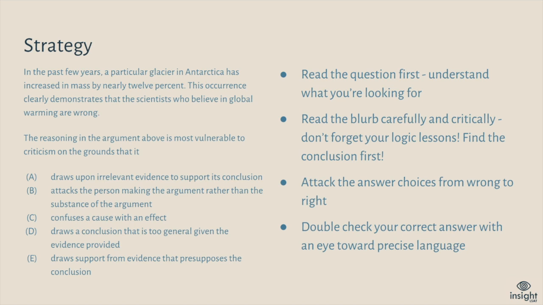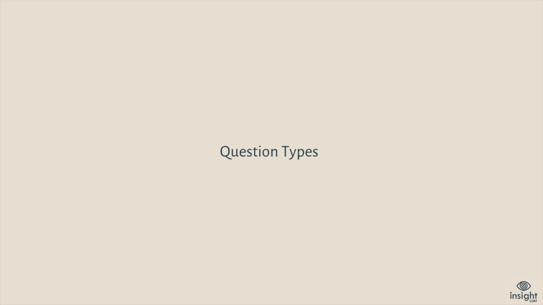Usually what's going to make an answer wrong, or what's going to make the difference between 2 decent looking answers, is just one word. One little bit of the answer choice that just does something wrong. Maybe it's too strong, maybe it's just not quite correct, but there's usually one word or a couple words that ruin it, so you have to have an eye toward precise language. So that's your general strategy for approaching any question on the LR section.